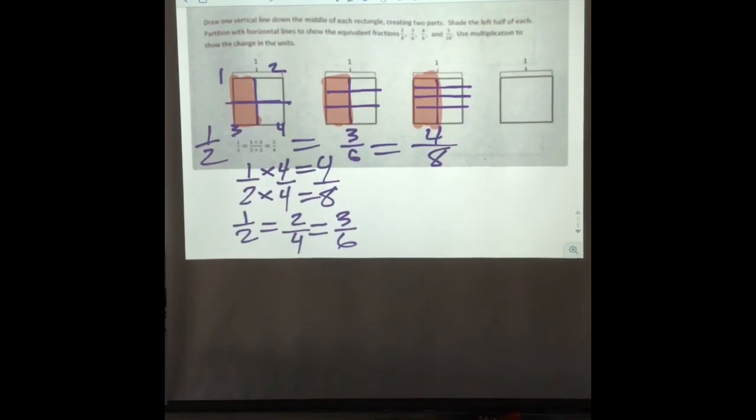Excellent. Let's do one more so you get the idea. What do you think I'm going to multiply it by this time? 5. You might be right. Let's check it out. So I have my 1/2. I'm going to cut it in half, right? I'm only using half. 1, 2, 3, 4, 5.